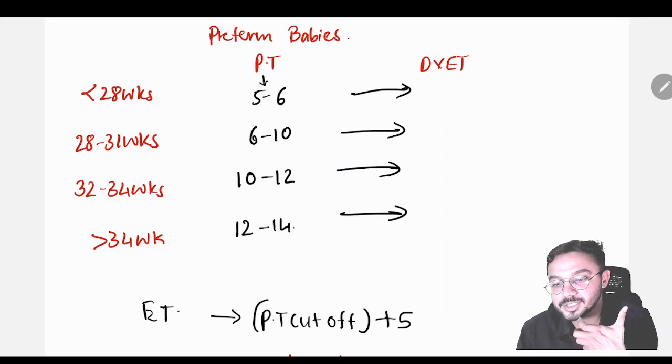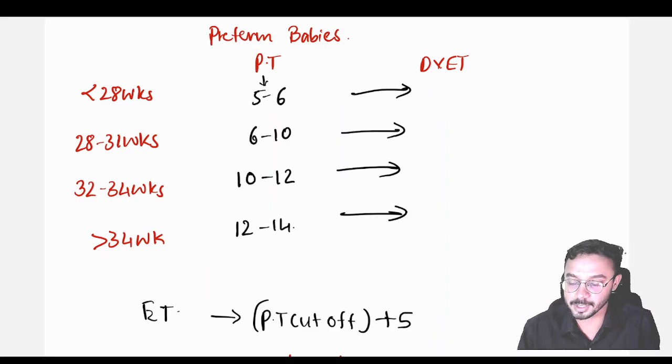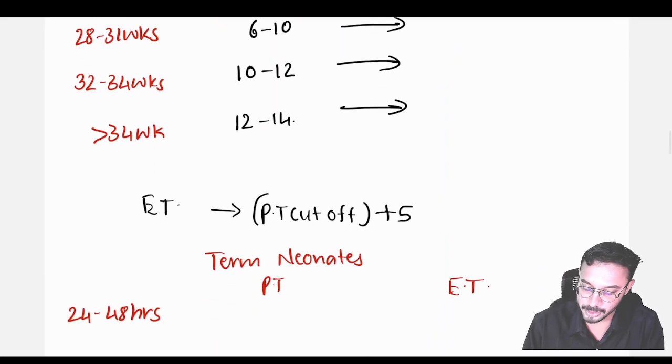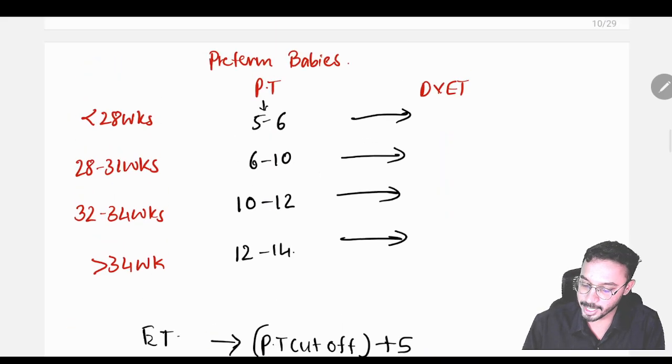When you are going to do exchange transfusion in the preterm, if the total serum bilirubin is 5 to 6 mg per dl, you add 5 to it. So the formula for exchange transfusion is the phototherapy cutoff plus 5. For 5, if I add 5, I will get 10, and for 6, if I add 5, I get 11.